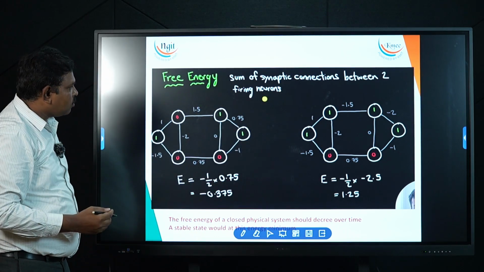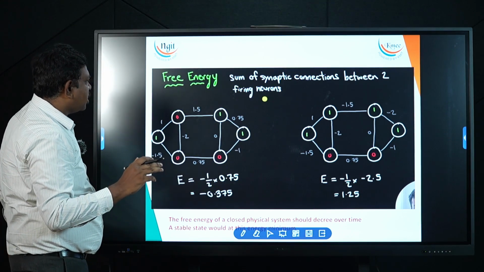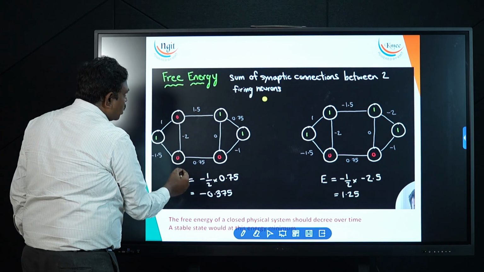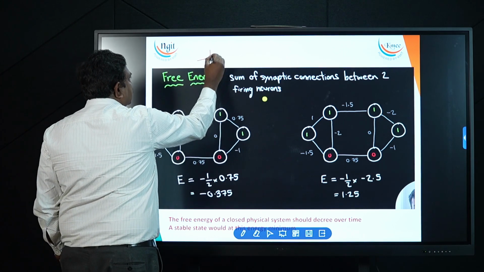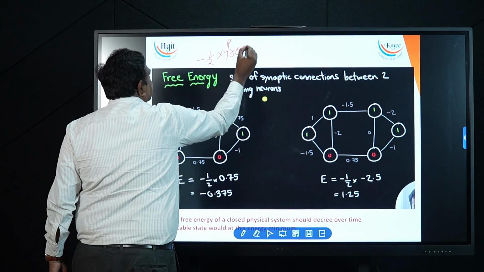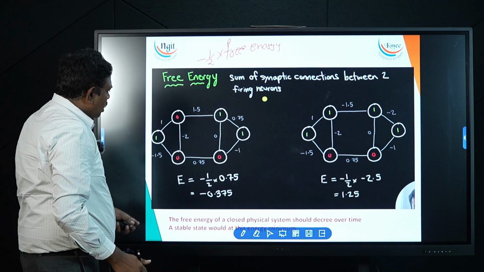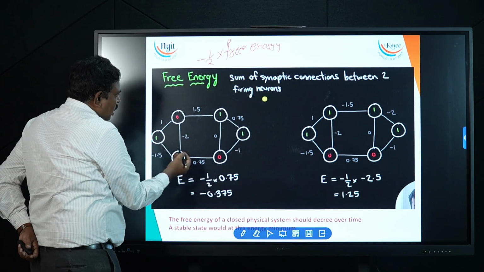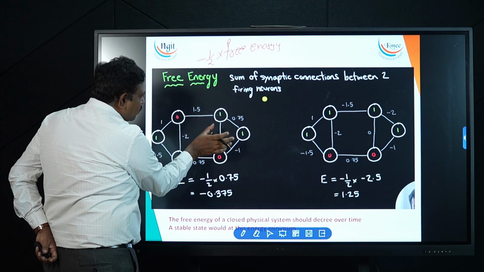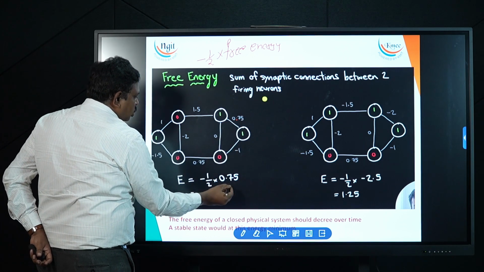Hebb's principle says that we should consider only the neurons with the highest strength. So first I calculate the energy of this entire model: energy is -1/2 times the free energy. What is the free energy? Here, the neurons with a chance of firing, the 1 1 pair, have a value of only 0.75.